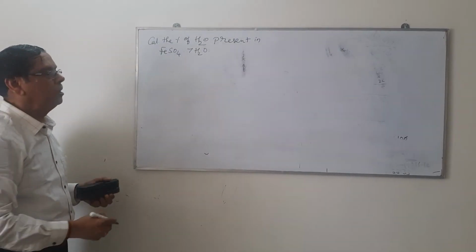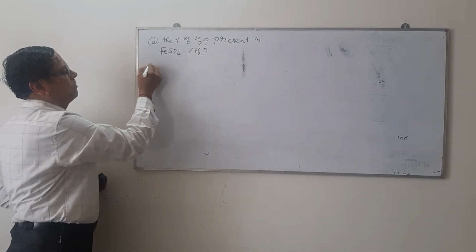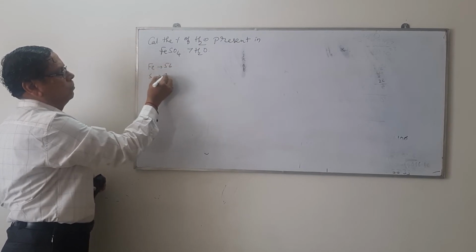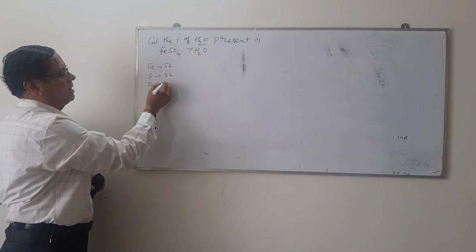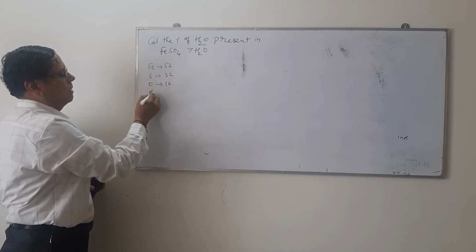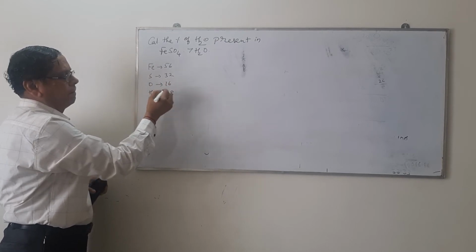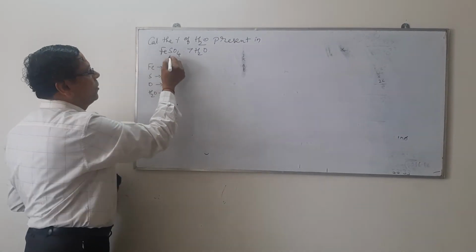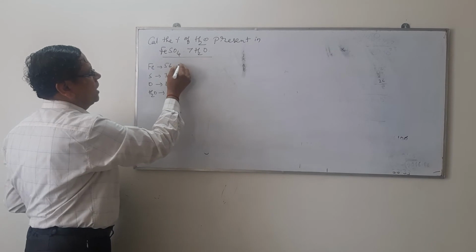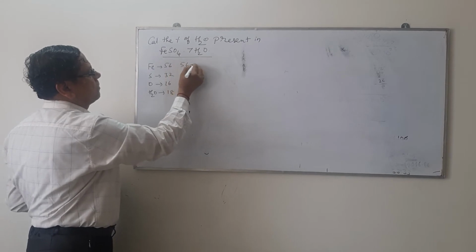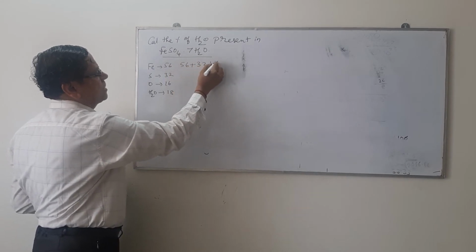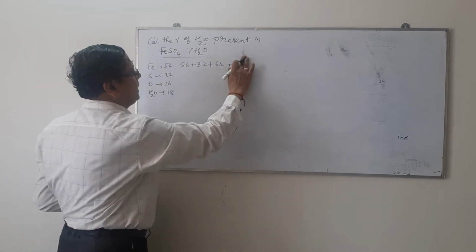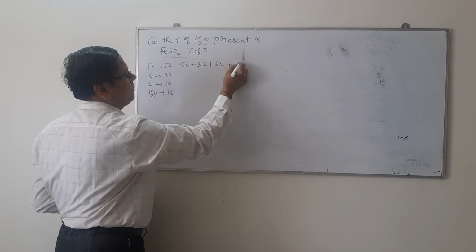FeSO4.7H2O. So first you calculate the molecular mass of this one. Fe is 56, sulfur 32, oxygen 16, water 18. These are the atomic masses and this is the molecular mass. Therefore in this formula we have iron 56 plus sulfur 32 plus 64 for 4 oxygen atoms plus 18 into 7, it is 126.